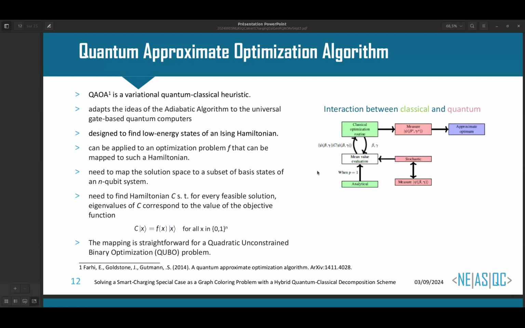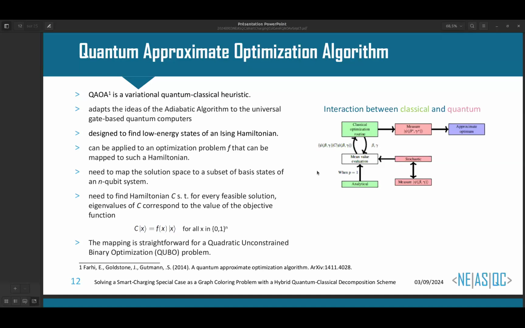So it can be applied to an optimization problem if we can map the objective function and the space of solutions to a Hamiltonian, and especially to a subset of basis states corresponding to an n-qubit system, for which the solutions are feasible. So the idea is, for each feasible solution of the original problem, we need to match the eigenvalue of the Hamiltonian with the objective value of the original problem.